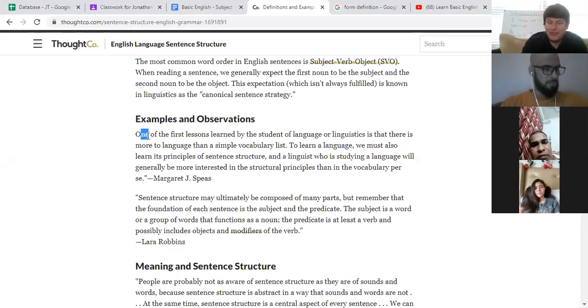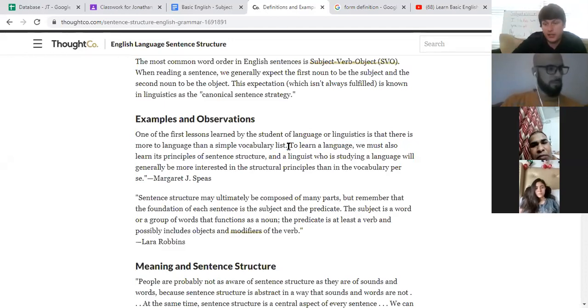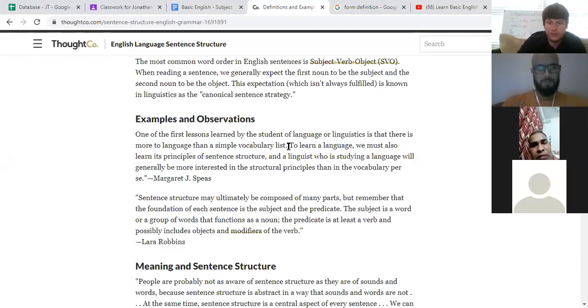So last thing before we end class: one of the first lessons learned by the student of language is that there is more to a language than a simple vocabulary list. It's not just vocabulary you memorize. It's not just fill-in-the-blank grammar exercises.